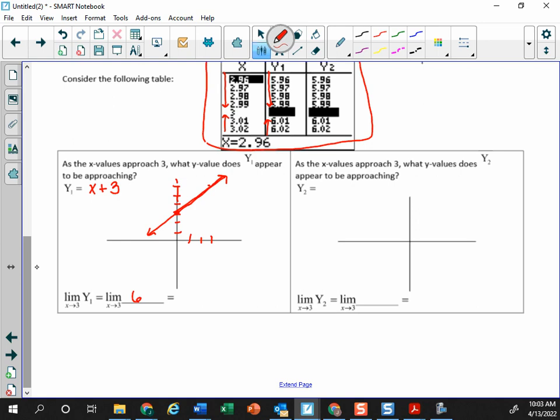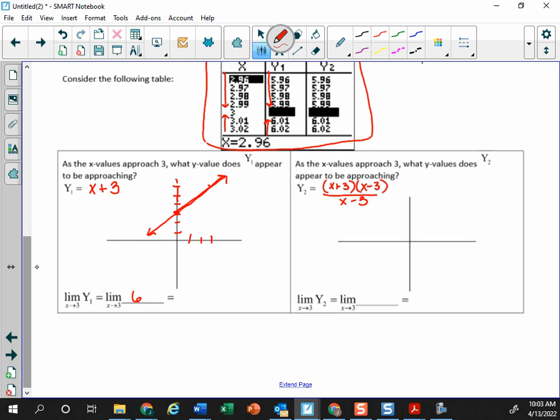All right, let me give you another equation. My second y here is x plus 3 quantity times x minus 3, over x minus 3. What happens here?